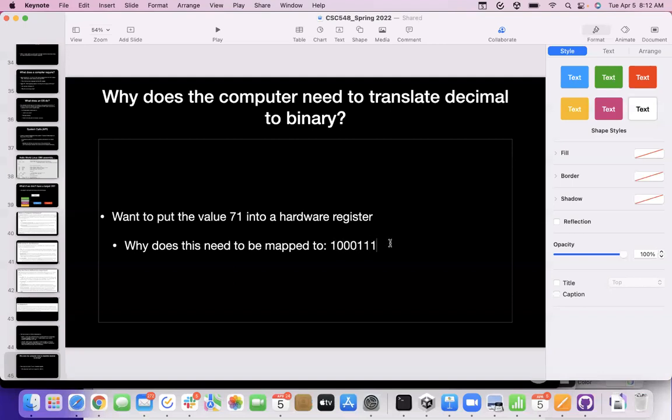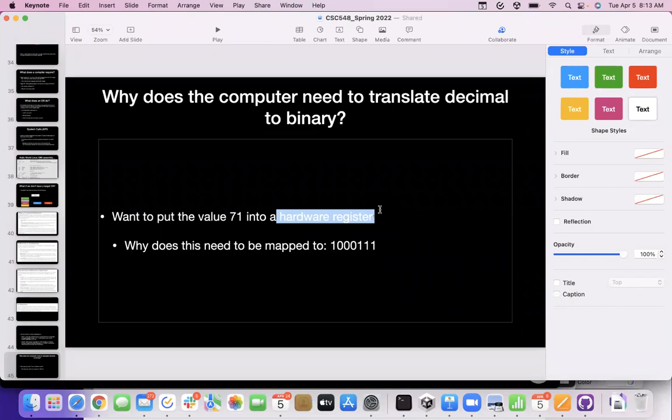All right. So why do we need to map from that 71 in decimal to something that looks like this? If our goal ultimately as a human being is to get this number stored into our variable made out of hardware that sits on the processor, why did that translation actually have to happen?